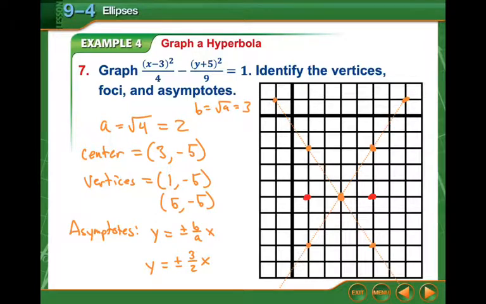So those dotted lines are going to be where the curves get closer and closer to. So instead of having to find a bunch of points, our graph is going to look something like this. Just getting closer and closer to those dotted lines, but not crossing them.